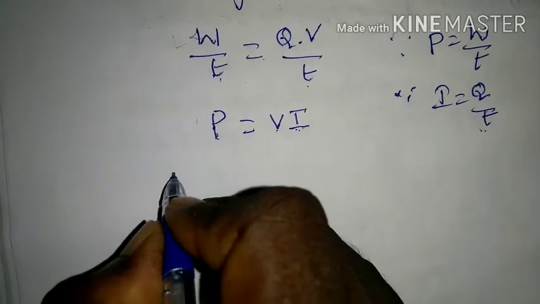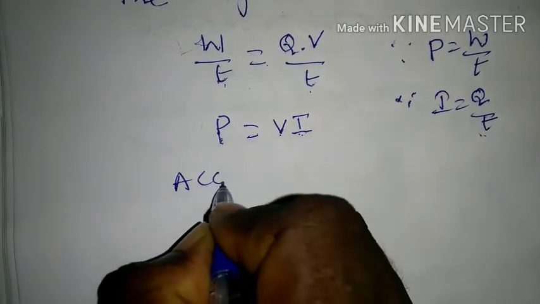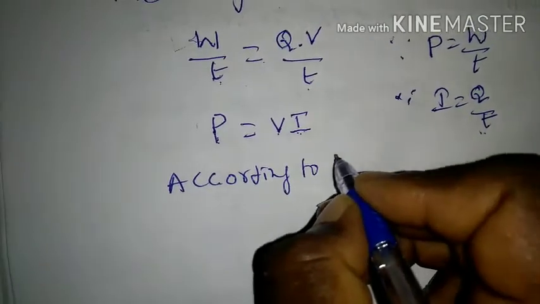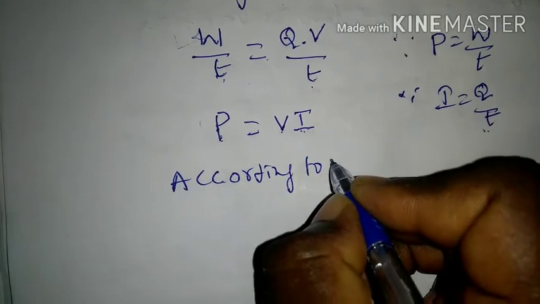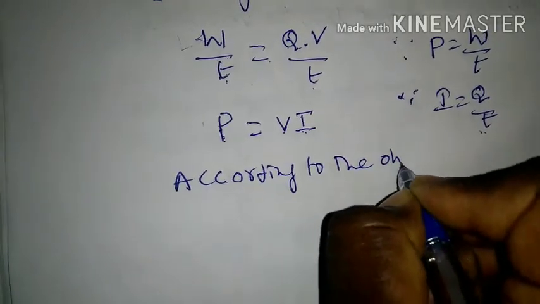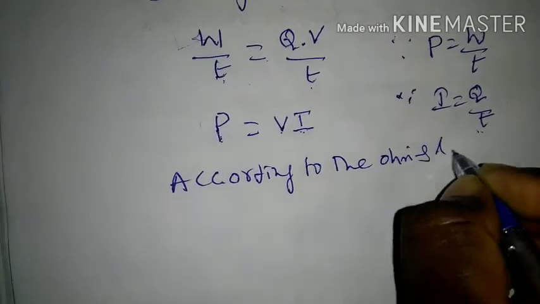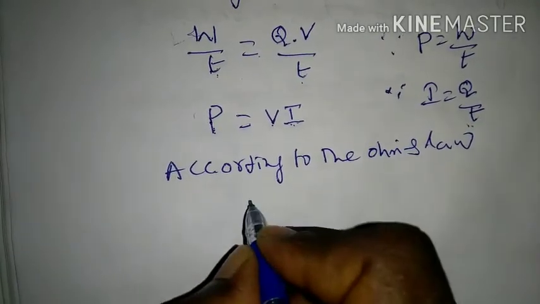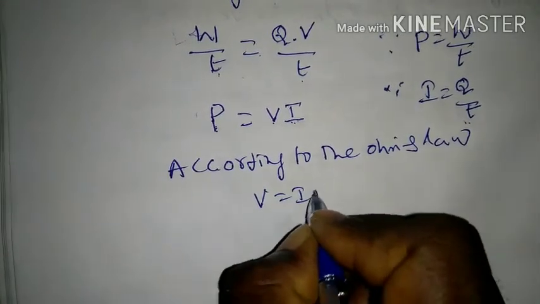According to Ohm's law, V is equal to IR.